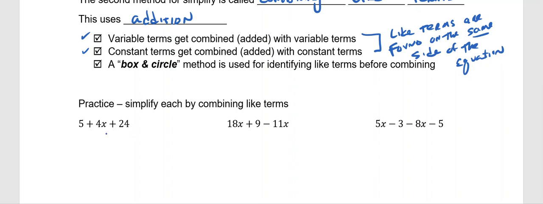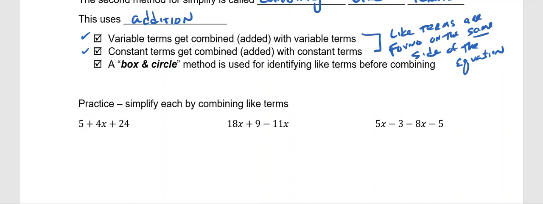The only thing to remember, just as we had to get used to yesterday, is that when I see an operation sign, I think of it as the sign of the term that directly follows it. So when I put a box or circle around each term, the sign is going to get included.